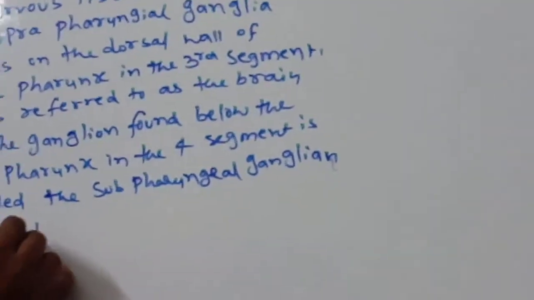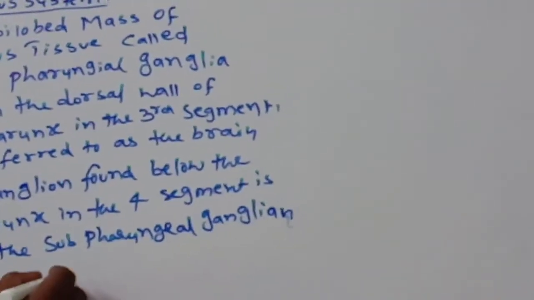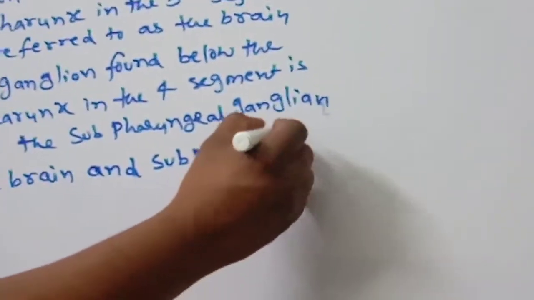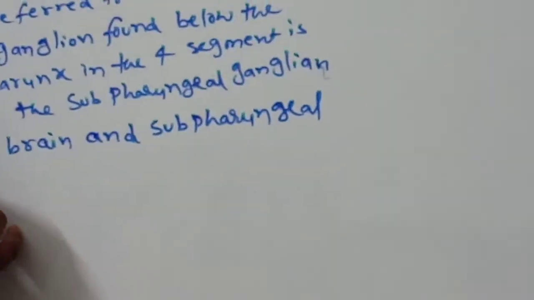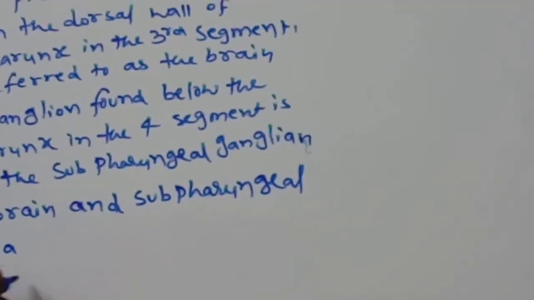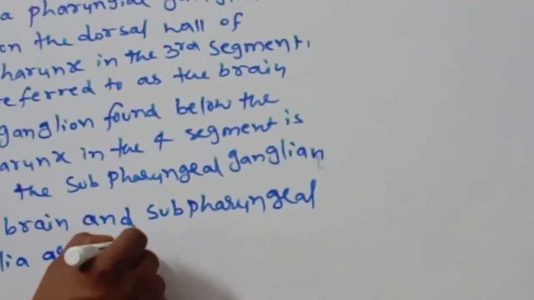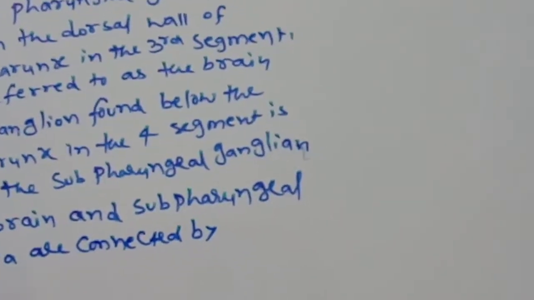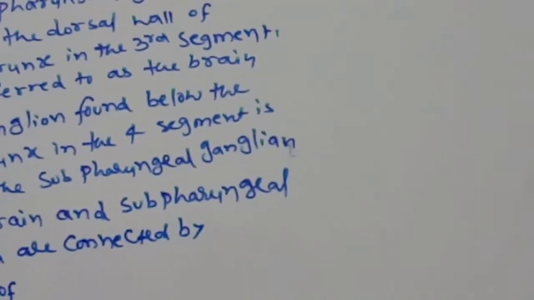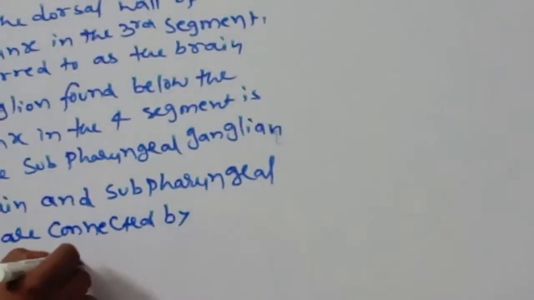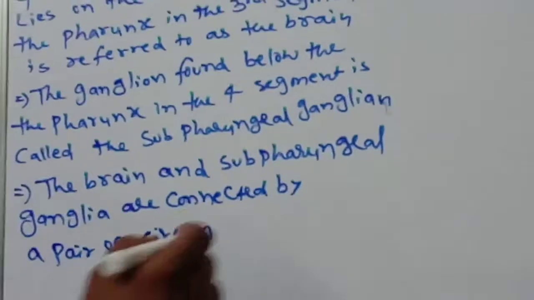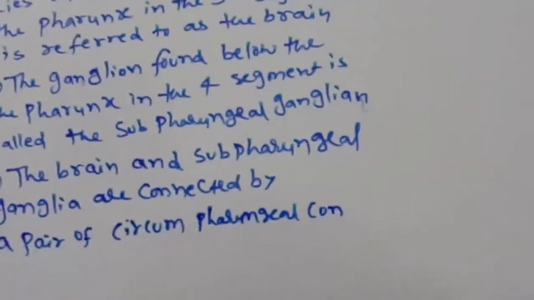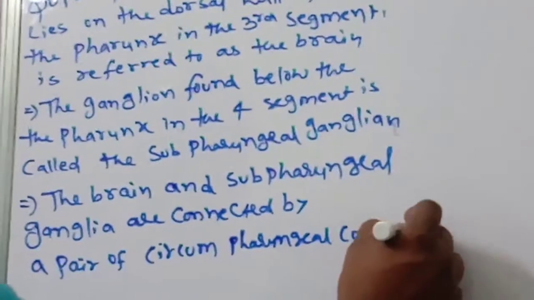Next, the brain and the subpharyngeal ganglia are connected by a pair of circumpharyngeal connectives. Very important, children.